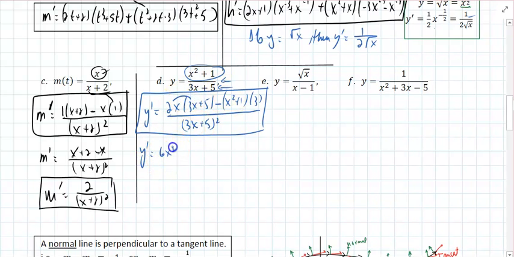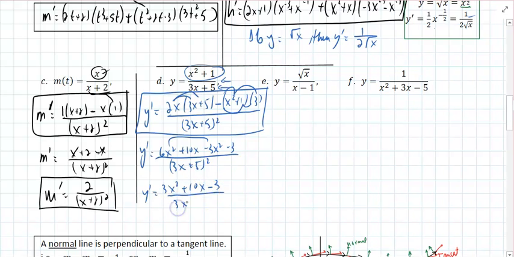6x squared plus 10x minus 3x squared minus 3, and y prime would be 3x squared plus 10x minus 3 over 3x plus 5 squared.